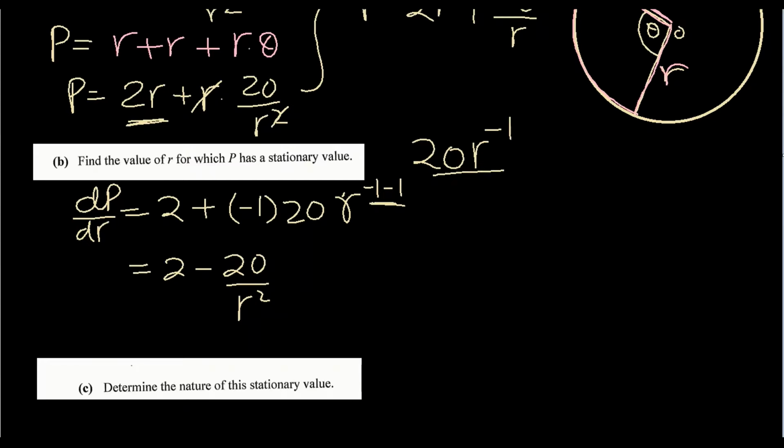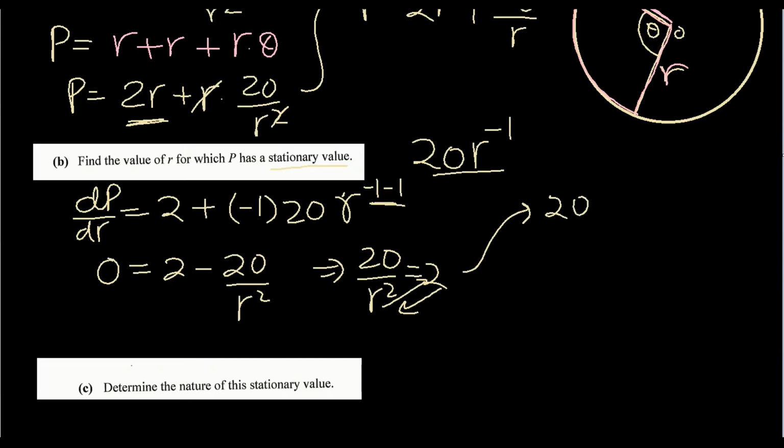To make it positive, I make it a denominator. This has to be equal to 0 for stationary value. And we'll just solve it now. So let's bring 20 over R square to the left side, which is equal to 2. Cross multiply, 2 comes down, R goes up. So what do we get? 20 over 2 equal to R square.